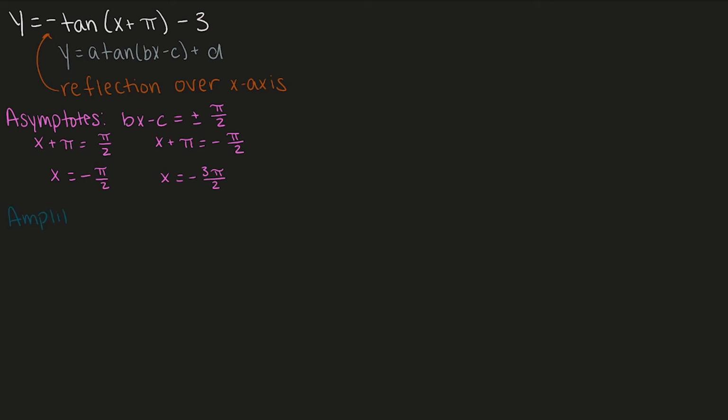Our amplitude is the absolute value of negative 1, which is just 1. And our period is pi over 1, which is just pi. This means our intervals for our x values is pi over 4. Last, our vertical shift is d equals negative 3.